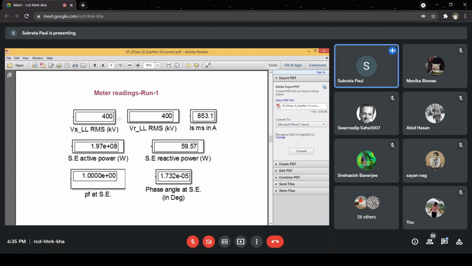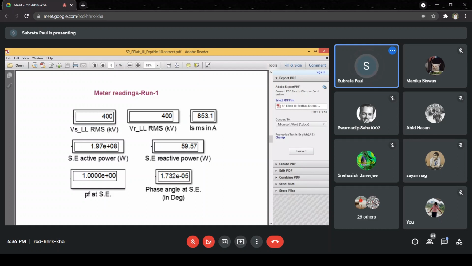Now, if the line is loaded by a resistive load, when it is loaded with SIL, that means a resistive load is connected at the receiving end, the resistance being equal to its surge impedance.